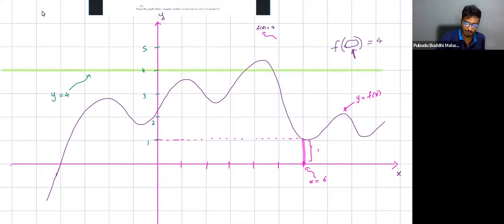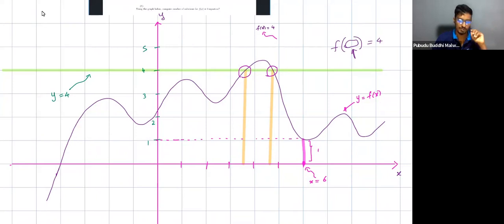These intersection points are quite important, because if you draw a vertical line from that point to the x-axis, clearly for those x values the function value equals 4.